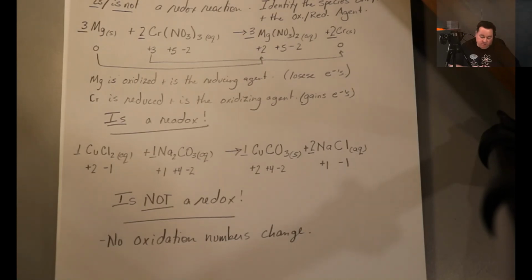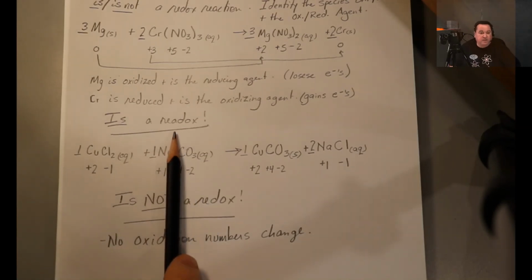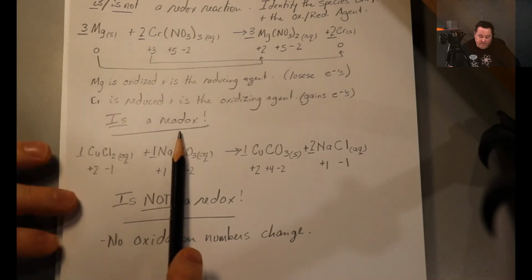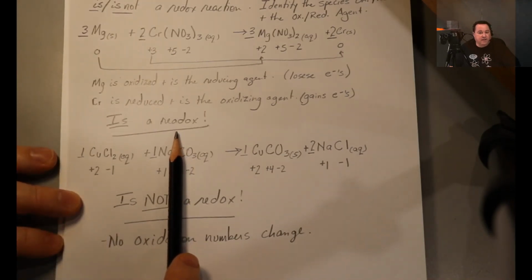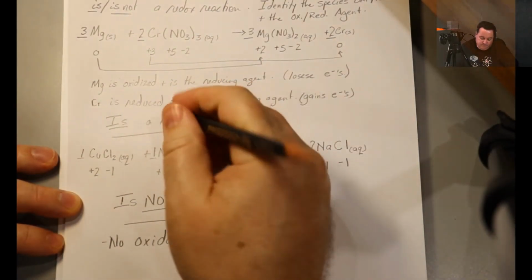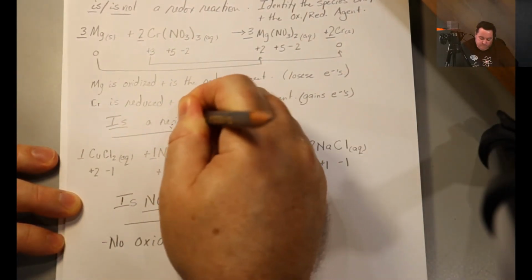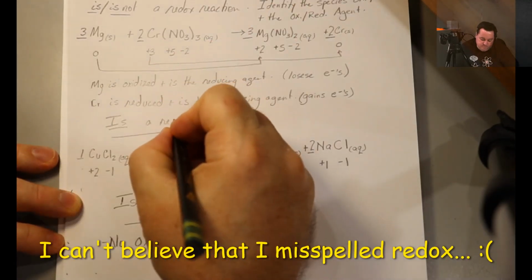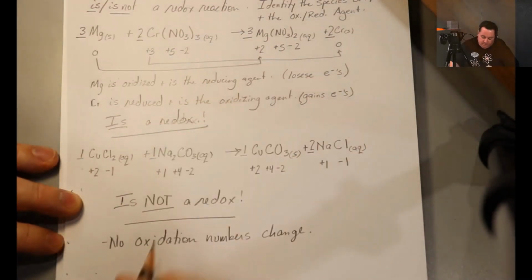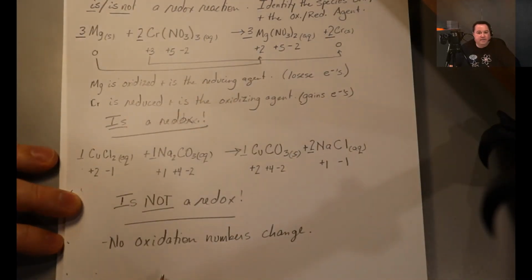If any oxidation number changes, like in this example, it is a redox, and all of our other reaction types, combination, decomposition, single replacement, and hydrocarbon combustion, these usually are redox. And double displacements usually are not.